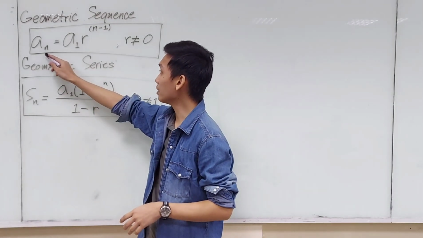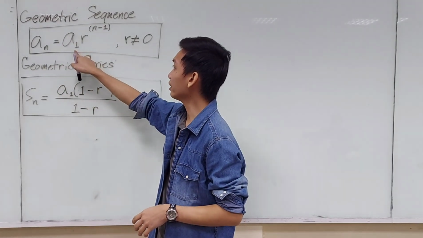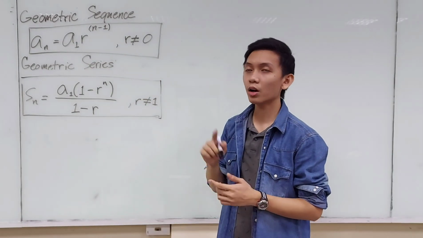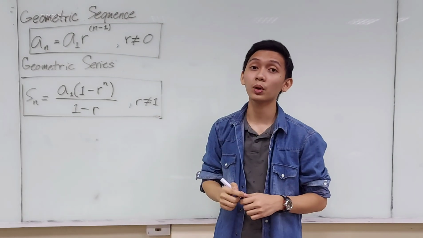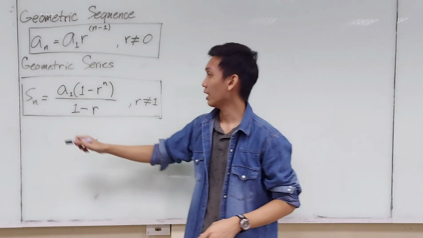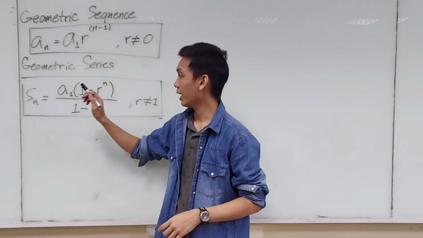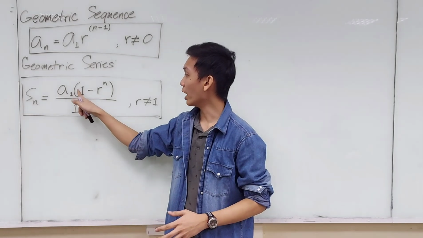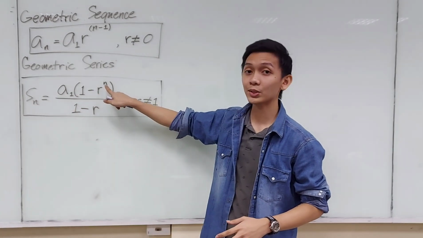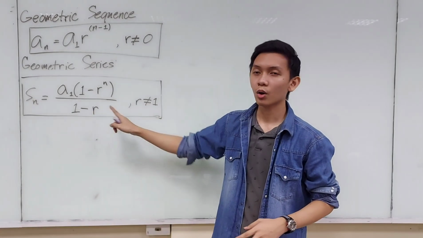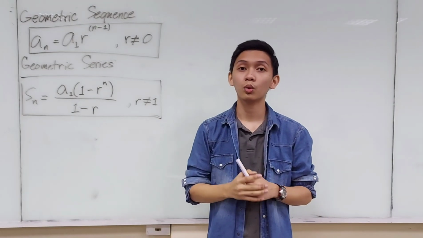Now, we can use this formula for geometric sequence. A sub n is equal to a sub 1 times r raised to n minus 1, where r should never be equal to 0. Then in geometric series, we can use this formula. S sub n is equal to a sub 1 multiplied to the quantity of 1 minus r raised to n, all over 1 minus r, where r should never be equal to 1.